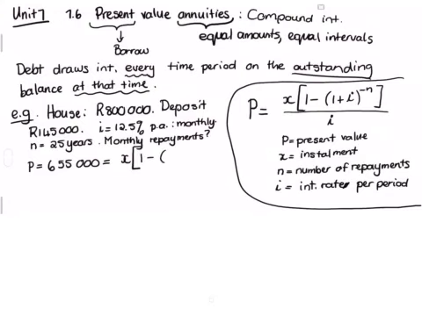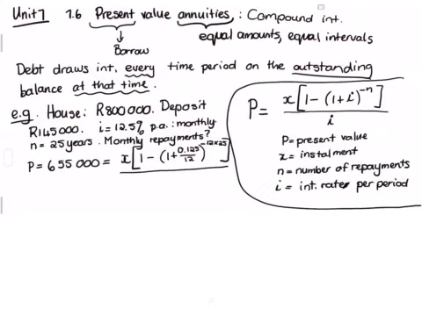Then this becomes 1 plus 0.125 over 12, because it's monthly, to the minus 12 times 25. 25 years, but 12 payments per year.